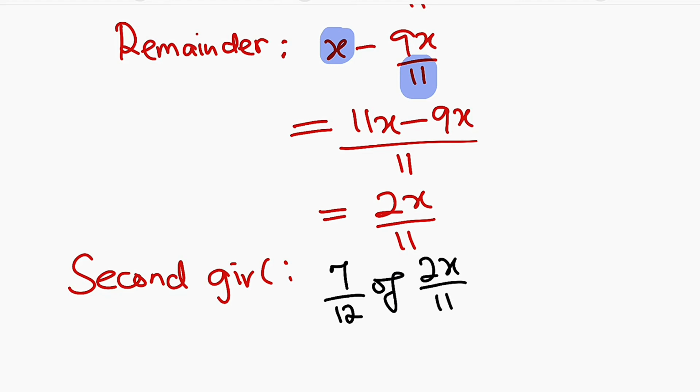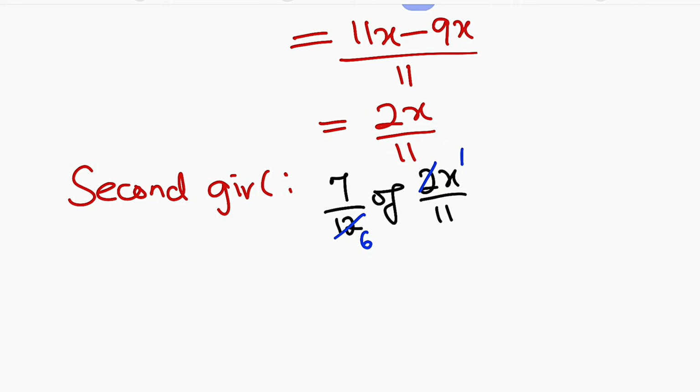Okay, from here we can perform a cancellation because 2 can go into 2 one time and 2 can go into 12 6 times. So we have 7 times x equal to 7x divided by 6 times 11 is 66. So this is the share of the second girl.